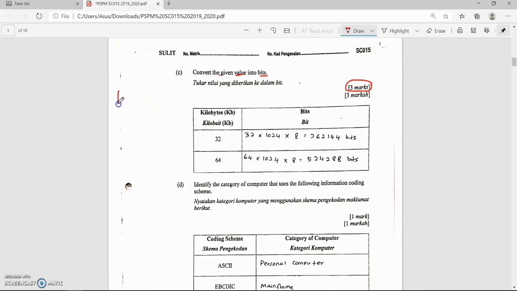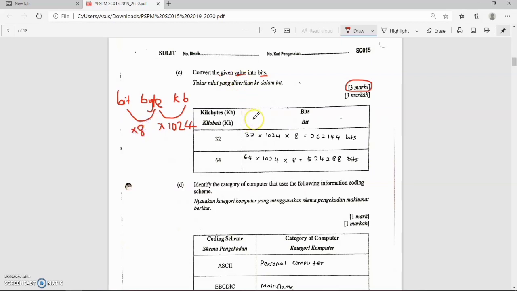So we start from the bit, then to byte. Then we have kilobyte. So basically from kilobyte to byte, we will times with 1024. Okay, so from byte to bit, we will times with 8.